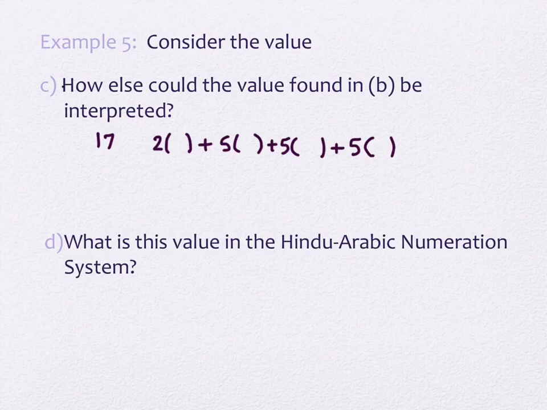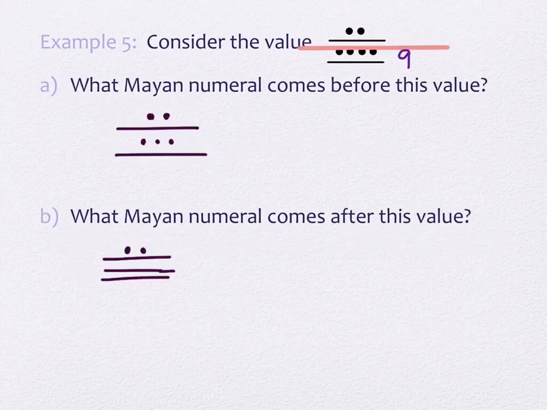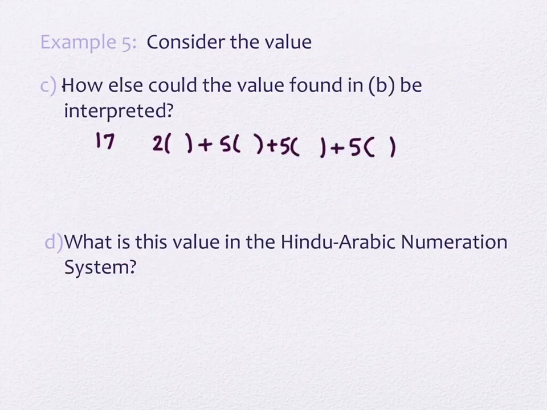Okay? So if I interpret each of these as separate values, this is 2, this is 5, this is 5, and this is 5. I mean, it could be that those are 4 independent numbers. It's possible. So I've got a 5 in the ones place.